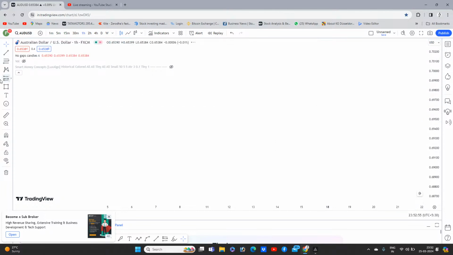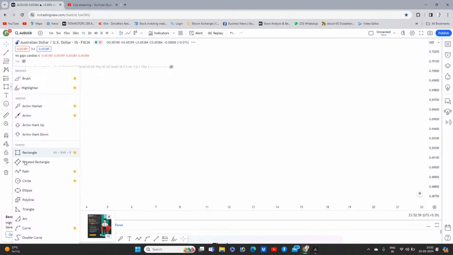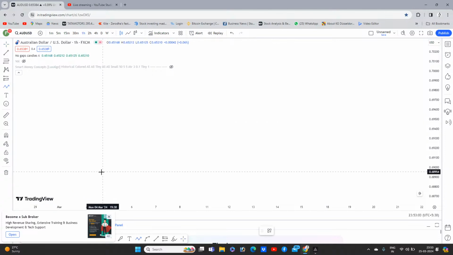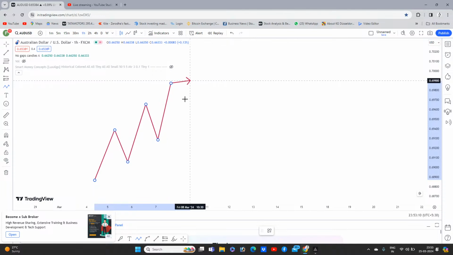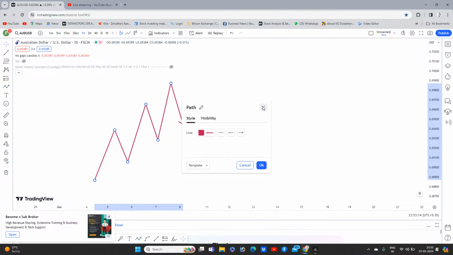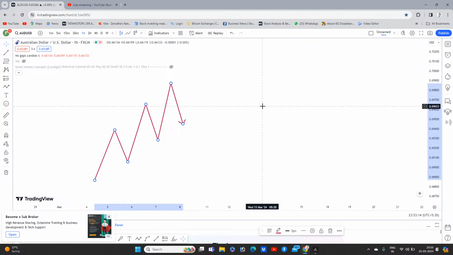The market moves in two ways. The first is uptrend, and people represent uptrend by this move, which is called higher highs and higher lows.